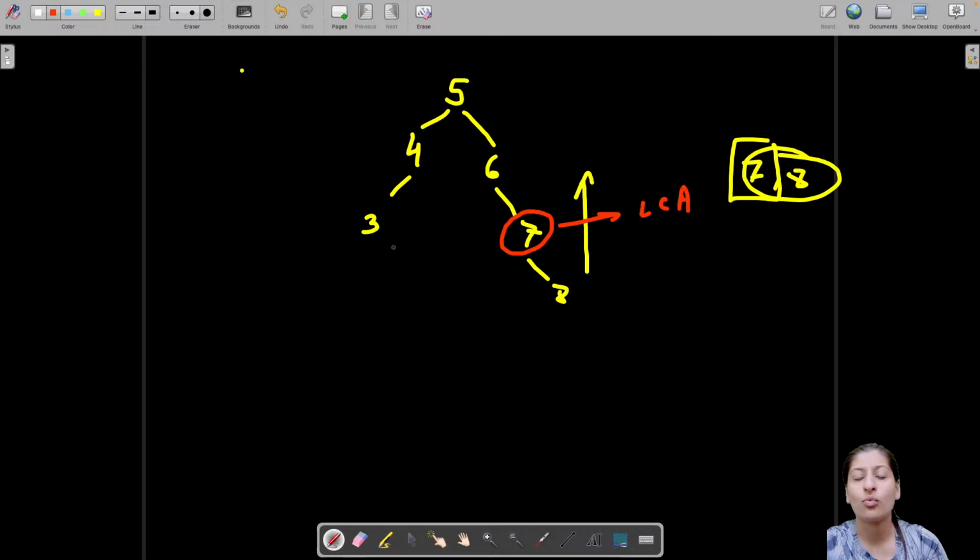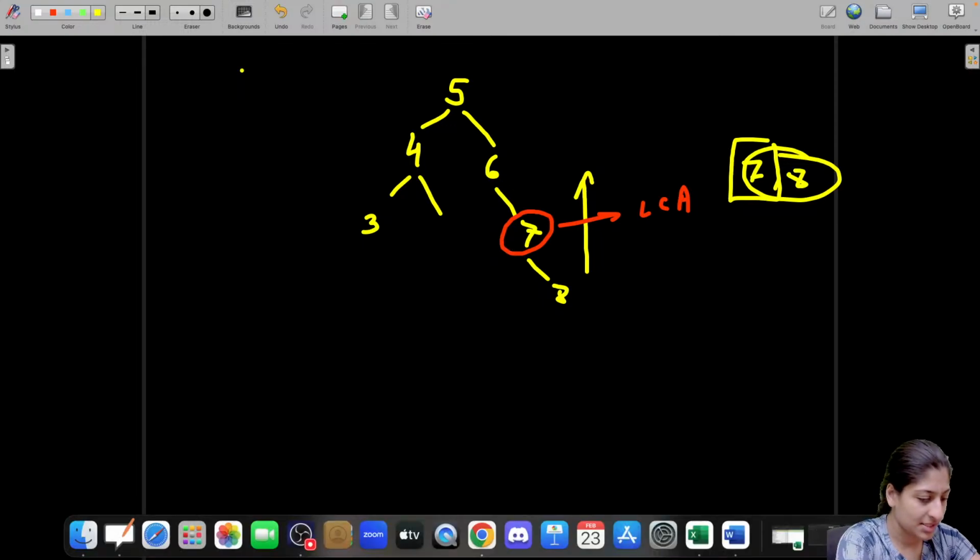Let me extend this example. For example, if I give you 10, this should be greater than 5, so nothing can go here. Let's take another example. Let me take some BST example.